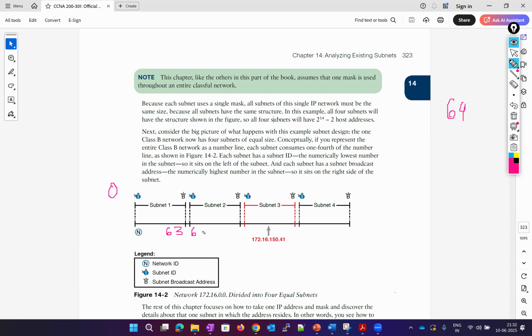Second subnet starts at 64, will go up till 127. Then the third subnet will start from 128. It will go up till 191. Right? And you can clearly see here, it is mentioned. This is what we just calculated. Right?